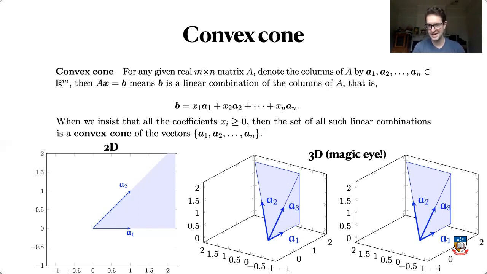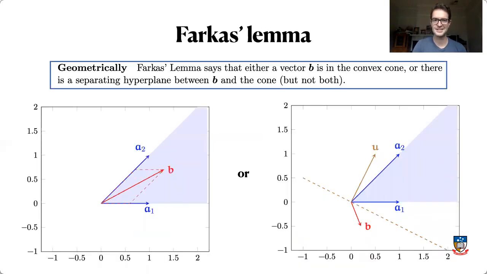Here I'd have a 3 by 3 matrix with 3 different vectors, A1, A2, and A3. You can almost tell what they are; they're written in the book. And then the convex cone is a 3-dimensional region that sits between, defined by those 3 vectors. So that's the convex cone.